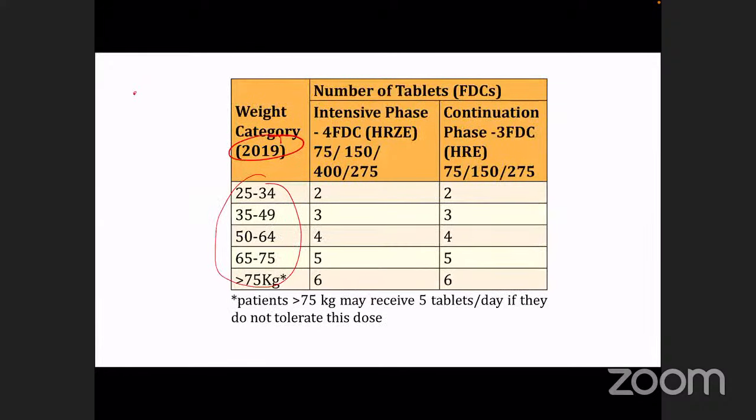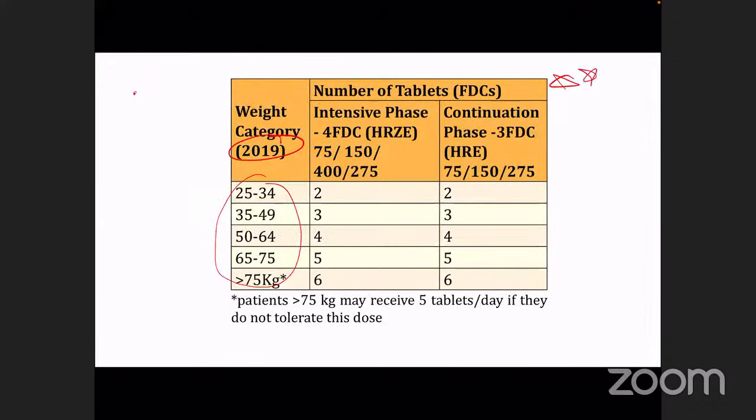This has to be remembered without any doubt. You cannot skip this. For the 25 to 34 kg category, it is 2, 3, 4, 5, so it is very straightforward. Two tablets each of the FDC, fixed drug combination tablet.